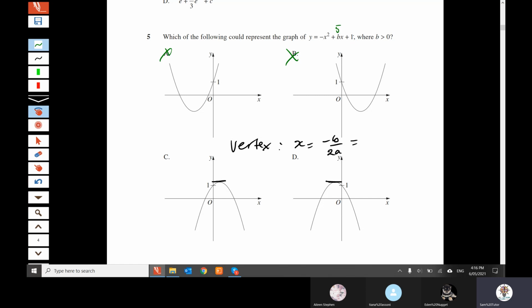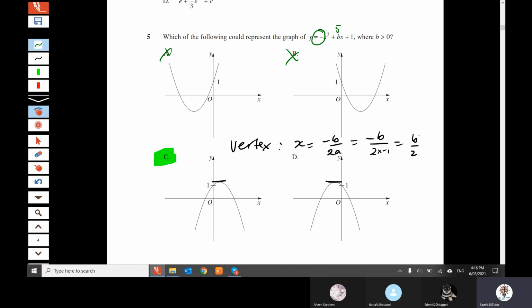Positive number. When I sub this in, because a is -1, we agree with that? So we simplify to negative b on 2 times -1, which is b over 2. Which one here would show me a value of positive 5 over 2? C. So the answer is C.